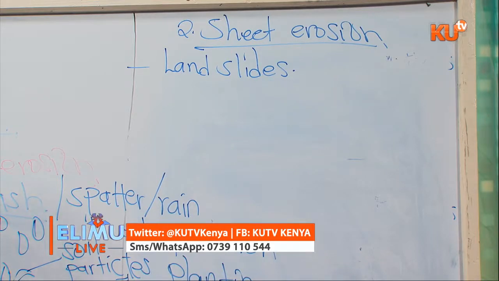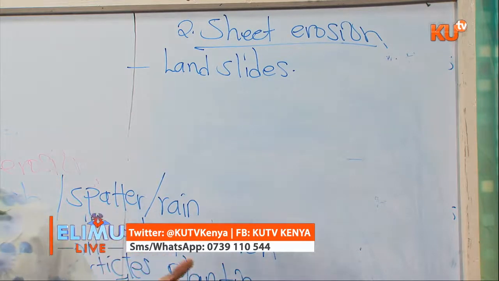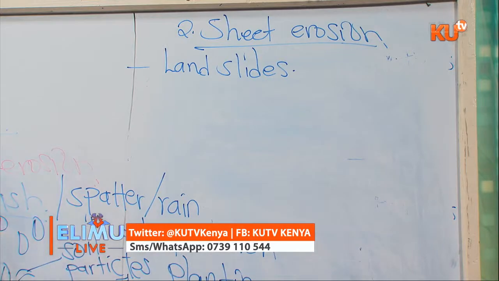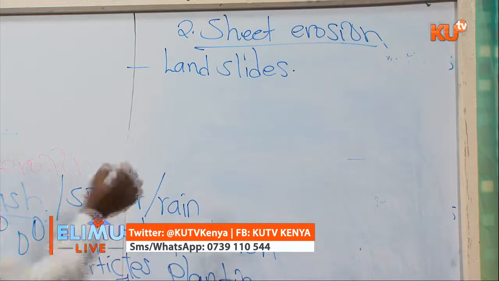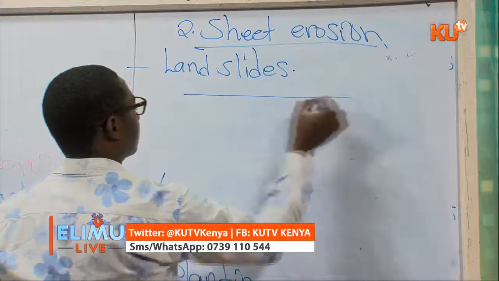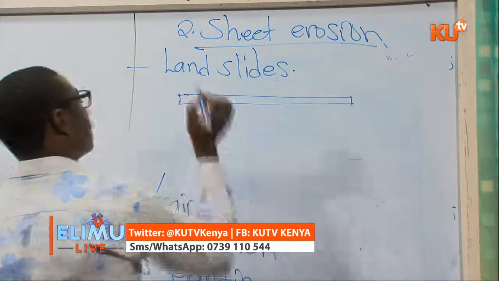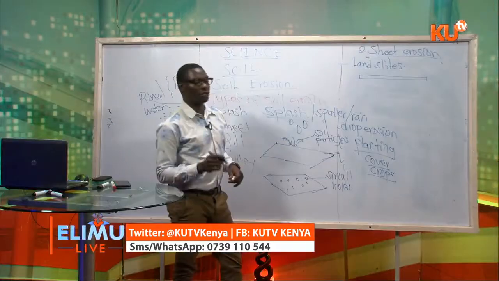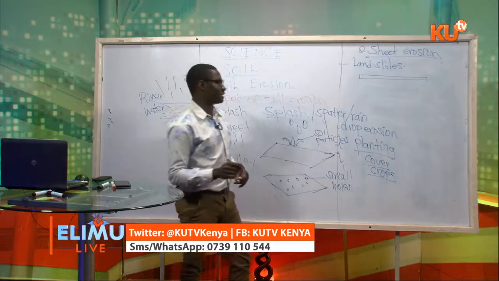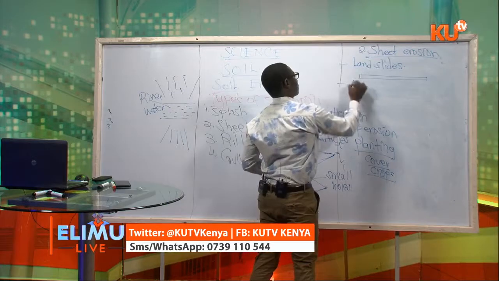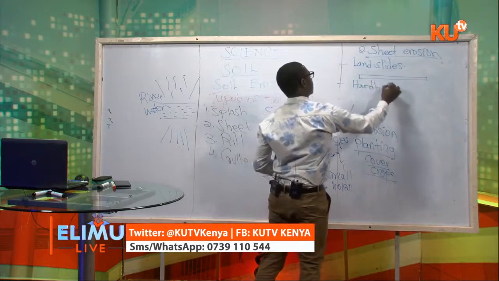If you watch the news, you find that some buildings collapse. Some of the factors that lead to collapsing of buildings is what we refer to as landslide. Now, sheet erosion occurs on a gentle slope, almost flat. And it is the type of soil erosion that is hardly noticed.